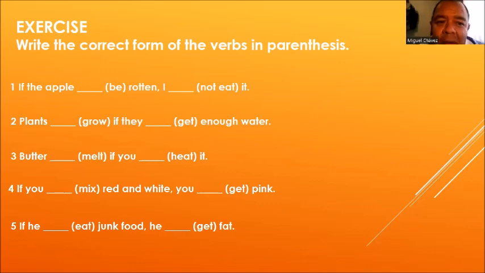Okay, but remember that for the verb to be, we have three forms: am, is, or are. Which of these do we use in this sentence? Can you repeat it, please, Astrid? If the apple, you, wait a minute, please.